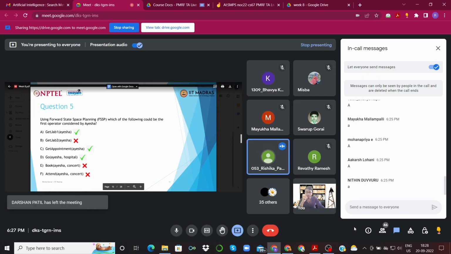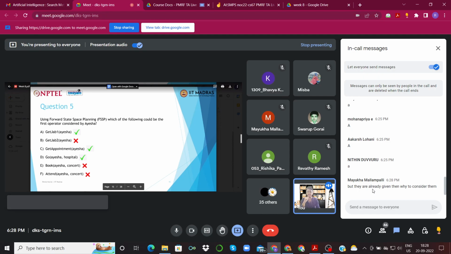Yeah, if in forward state space planning we have a question like, instead of the first operator for Aisha, we want to know the last operator, then we would have to make the whole tree. Yeah, that would be the way to go, but I don't think that will be asked, because that's one of the shortcomings of FSSP, that it has a very high branching factor, so you'll get a very huge tree.